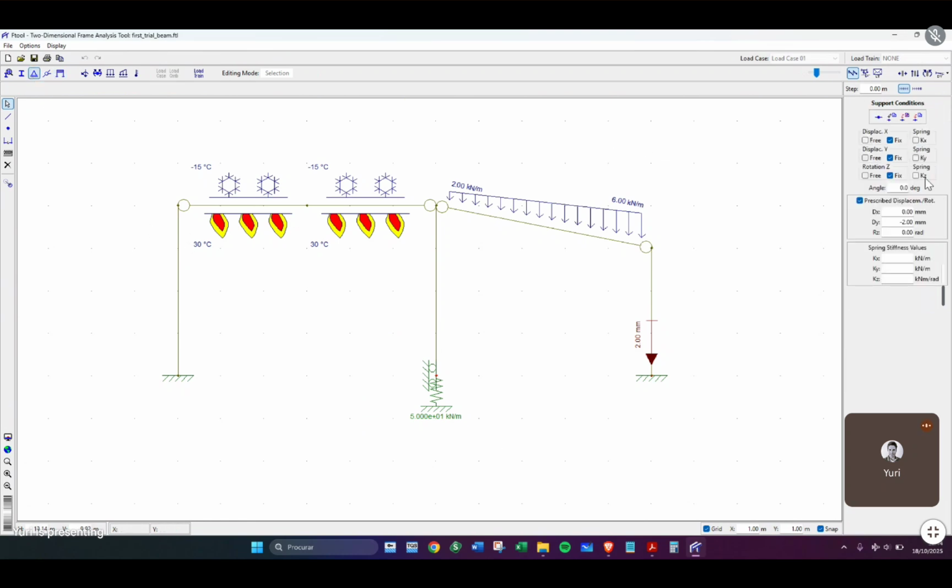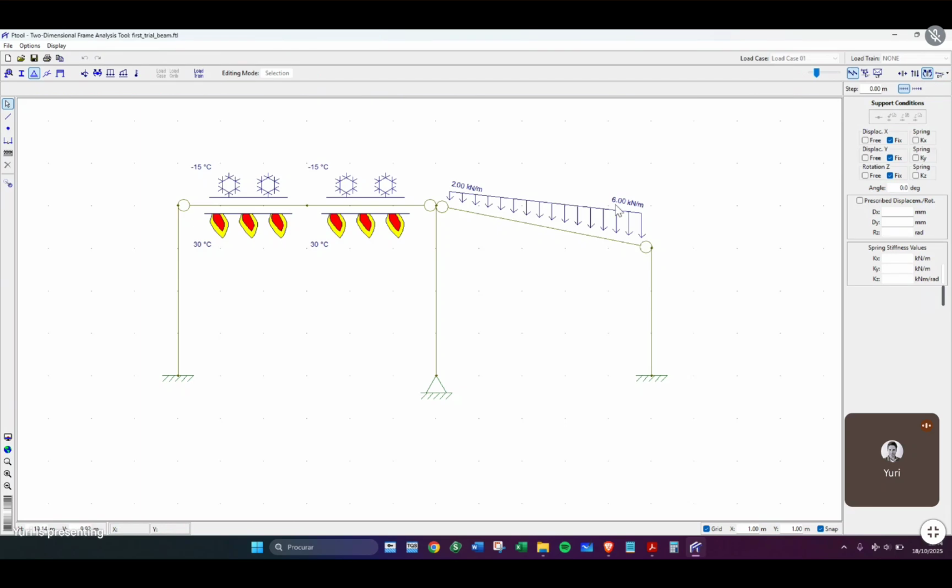Let's go back and say it's also fixed. All right, and let's remove this prescribed displacement. Okay, and here on the other side too, let's remove this prescribed displacement as well. Okay, it was also fixed in the three directions.